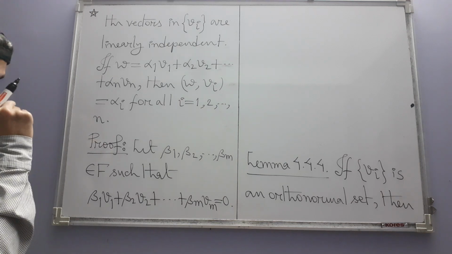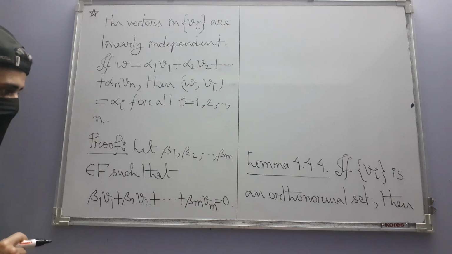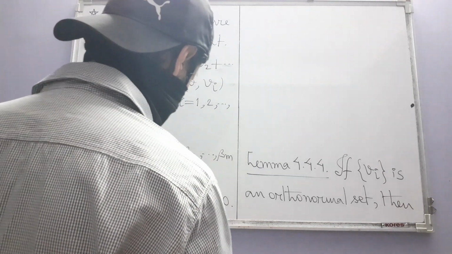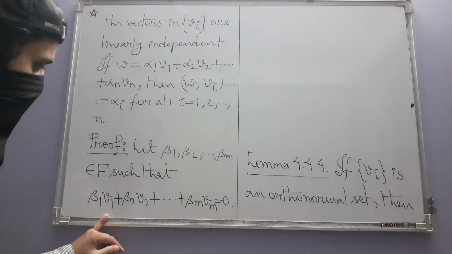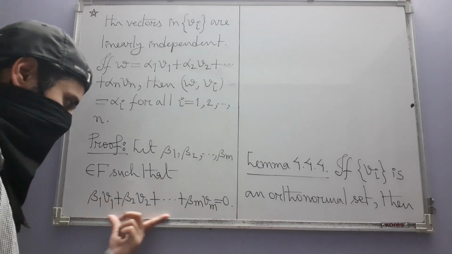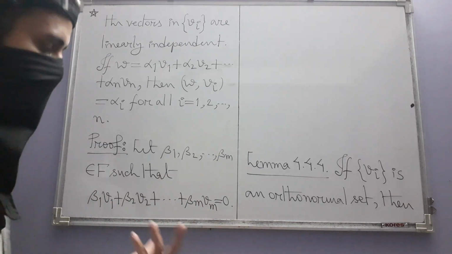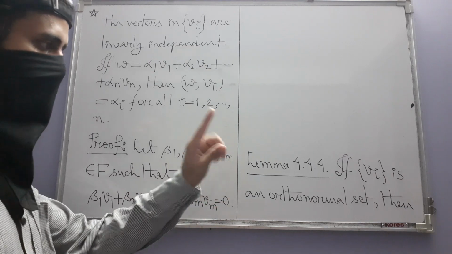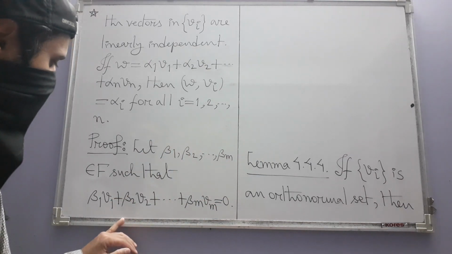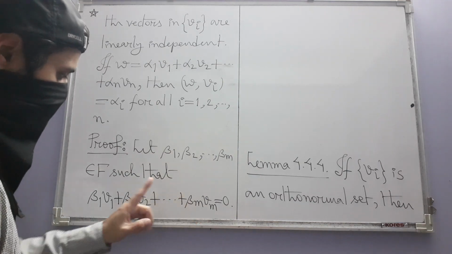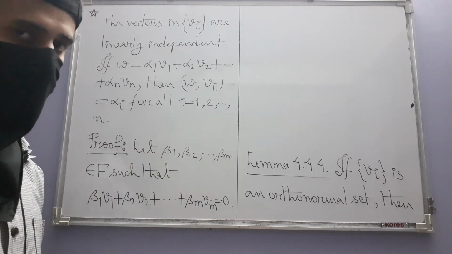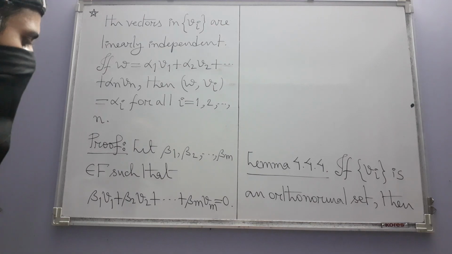So what we are now going to do is consider the inner product of this. This is after all a vector, right? Being a linear combination, it's a vector in the inner product space. We are going to consider the inner product of this vector with all the vi's, taking one vi at a time, of course.